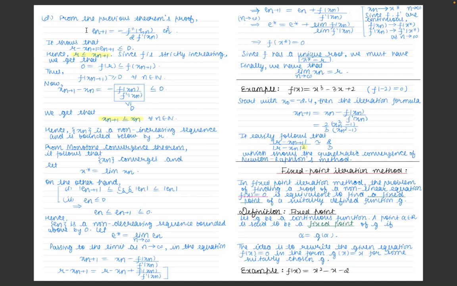So hence en is a non-decreasing sequence bounded above by 0. So again, from the monotone convergence theorem, it follows that this sequence also converges, and so we let E star be the limit of en.